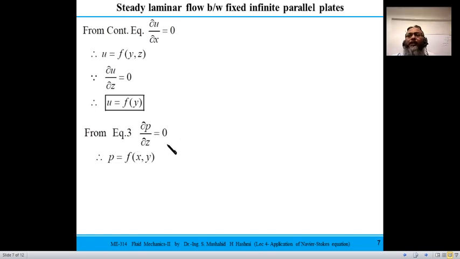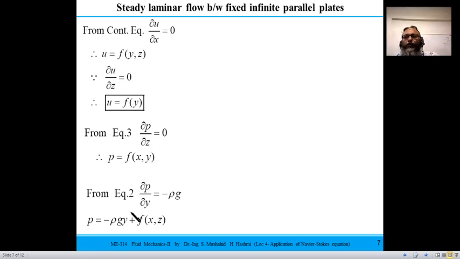But equation 3, the momentum equation in the z direction, suggests that the pressure is no more changing in the z direction. So exactly the same way as for the velocity component, pressure would be some function of x and y. This is the conclusion we have drawn from the third equation.